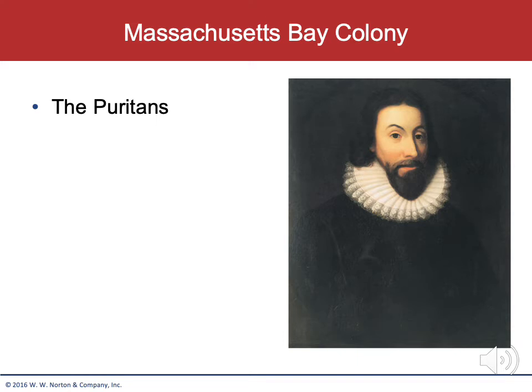So Jonathan Winthrop, who is pictured here, is going to come forward to establish a colony that he said would be a shining city on a hill, or just a city on a hill. A famous sermon on the boat, which was about the model of Christian charity in the New World.